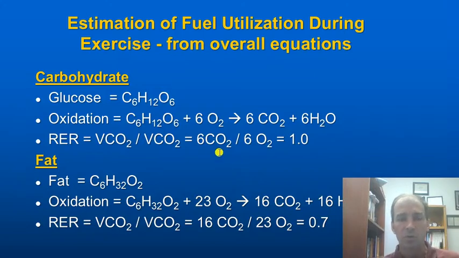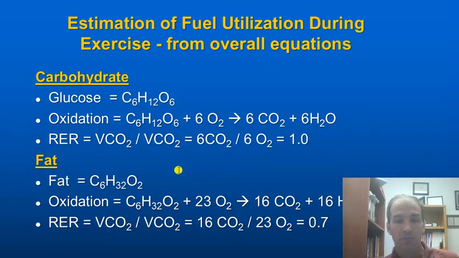If we utilize these and break these down, if you recall what we talked about with glycolysis and the Krebs cycle, if we follow the path of a glucose molecule through those steps to forming ATP, and if we follow a fatty acid through those steps that fatty acids use in beta oxidation to what forms ATP, the byproducts of those for carbohydrate are 6 CO2 and 6 water.